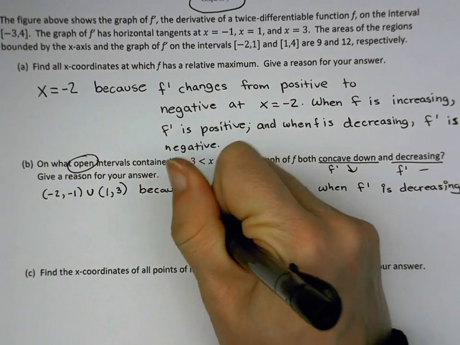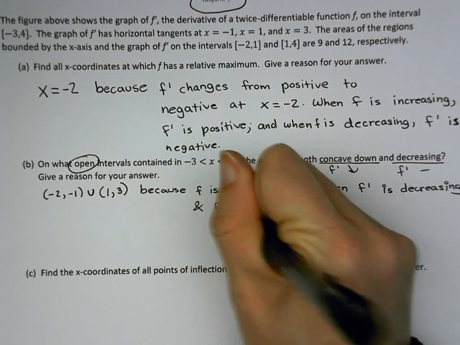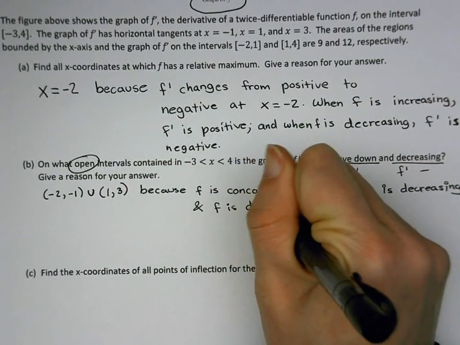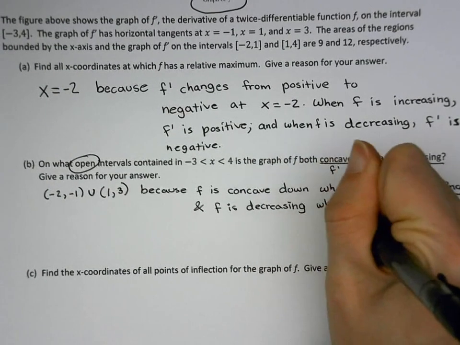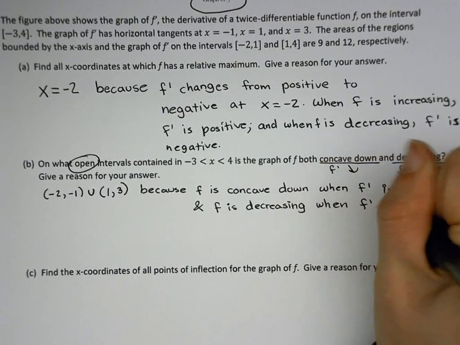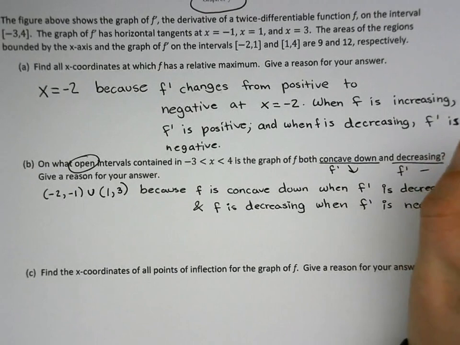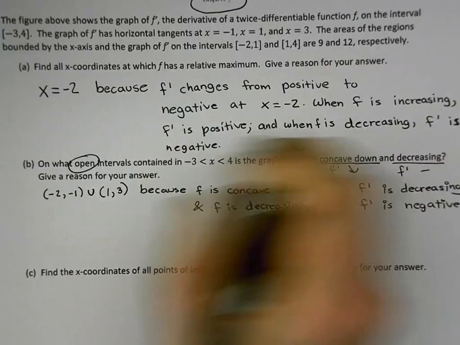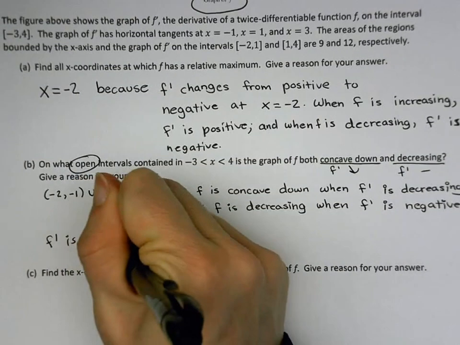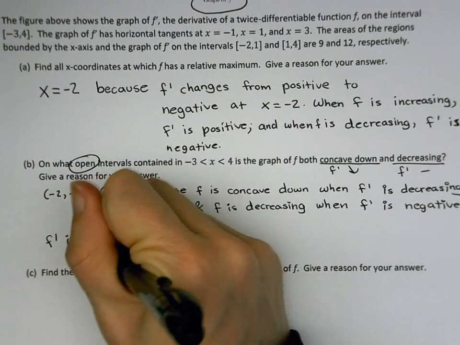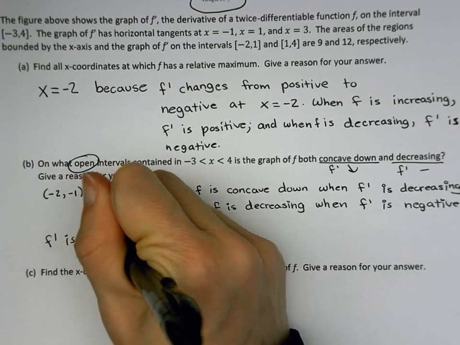And f is decreasing when f prime is negative. F prime is concave down. F prime is decreasing and negative on those intervals.